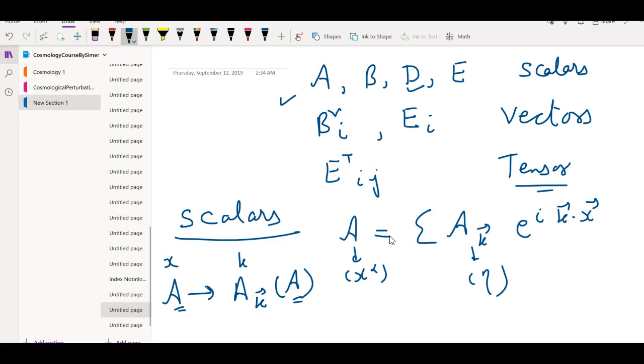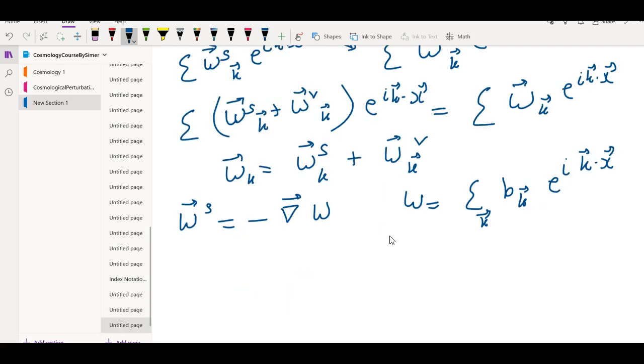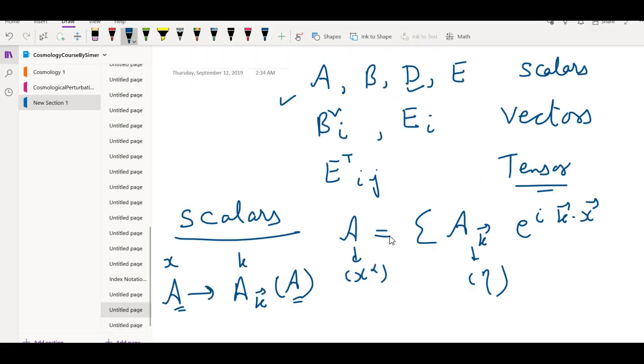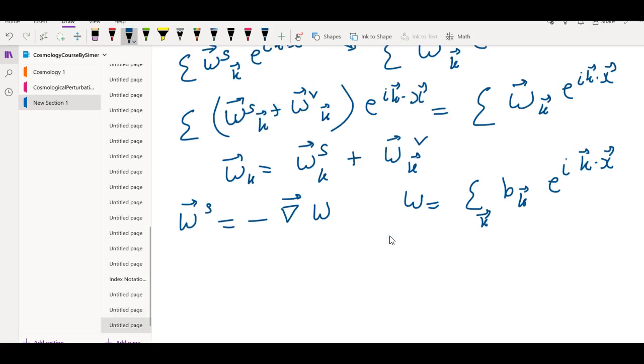The ones which we are deriving from vectors and tensors, we are taking a slightly different route. So I'm not going to call it W_k, because then I'm following the same method which I have followed for other scalars. Here I'm going to take a slightly different route. So temporarily I'm going to call it B_k, but we will come to W_k.